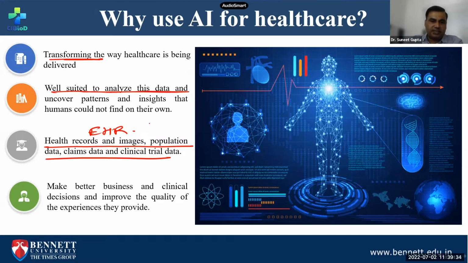Next one is to make better business and clinical decisions and improve the quality of the experience provided. Obviously, once everything is in the cloud and all the health related records are there, medical shops, hospitals, and the user or patient are all on a single platform, and all these stakeholders can exchange data frequently.